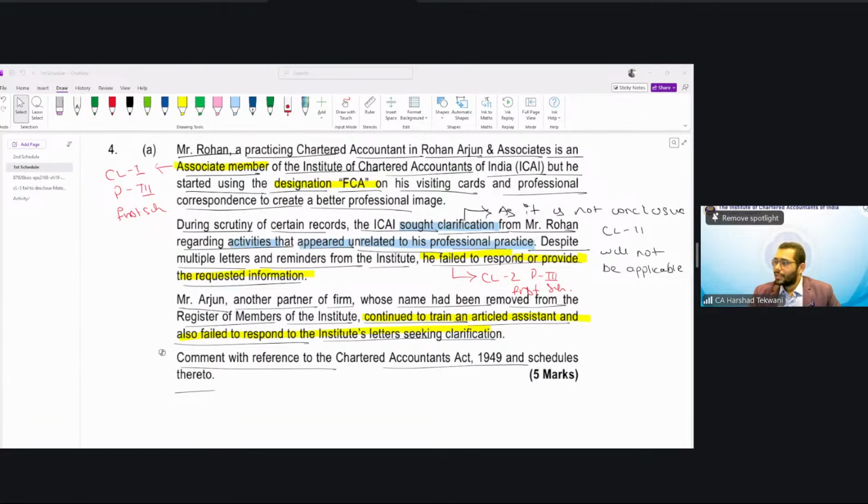No? See, again, first of all, we don't have specific information about for what period he continued to train, or when his name was removed. Some may say that this is a violation of the chartered accountants regulations, or council general guidelines. There is a violation which is appearing. But do you have specific information about this violation? That's very important to understand.